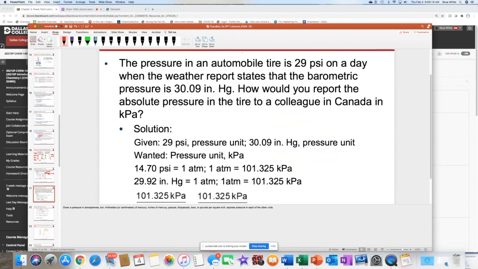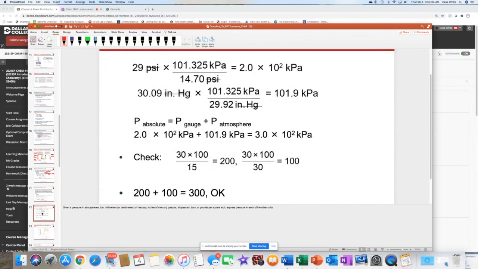How would you report the absolute pressure in the tire? The absolute pressure had to have been defined before, because we have 2 pressures here: the automobile pressure, and the barometric pressure. So all you're doing is converting the pressures and adding the 2.